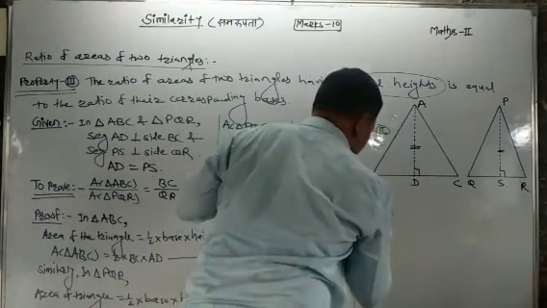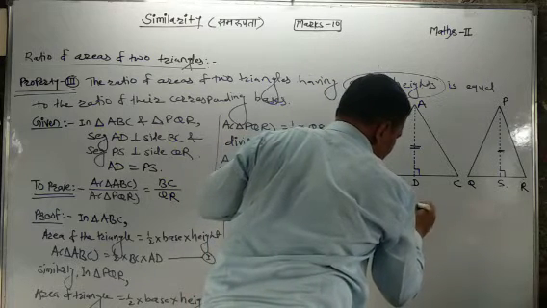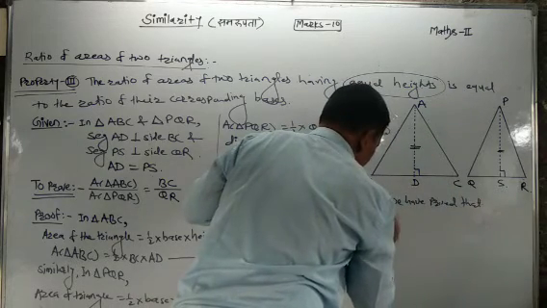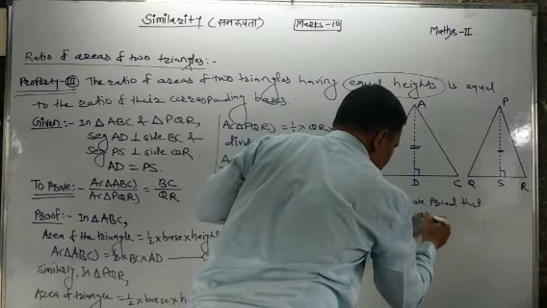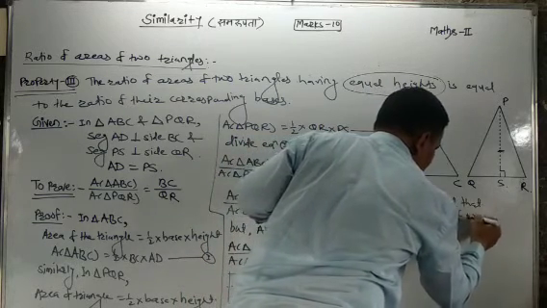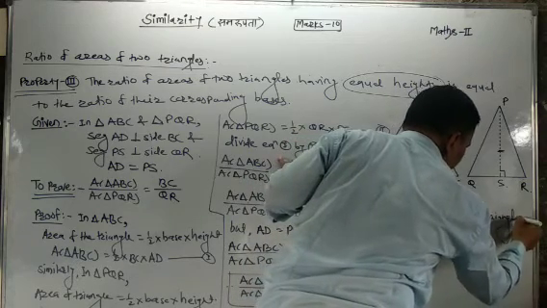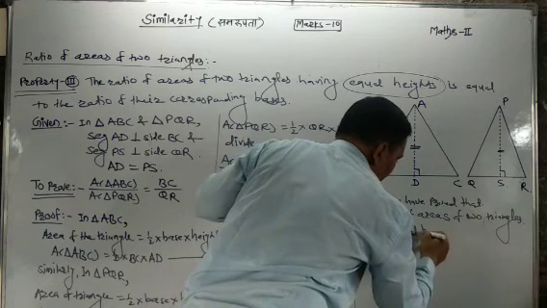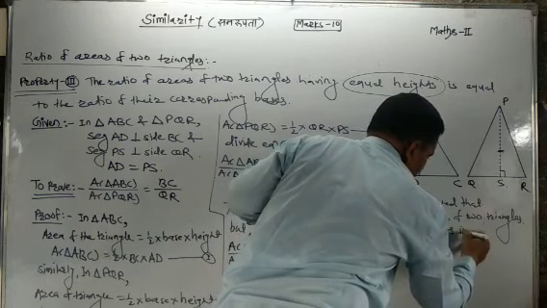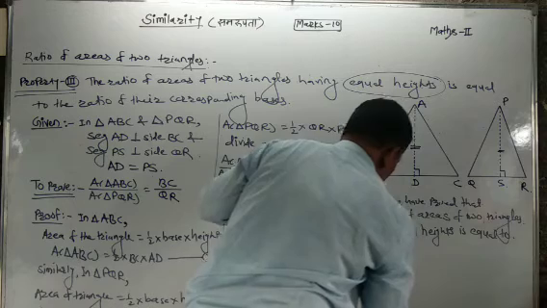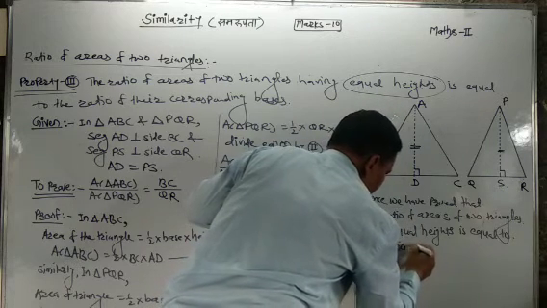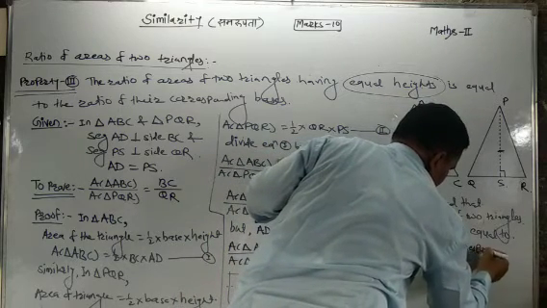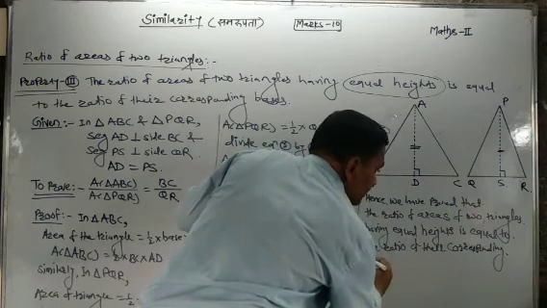Right. Now write the conclusion. Hence, we have proved that the ratio of areas of two triangles having equal heights is equal to the ratio of their corresponding bases.